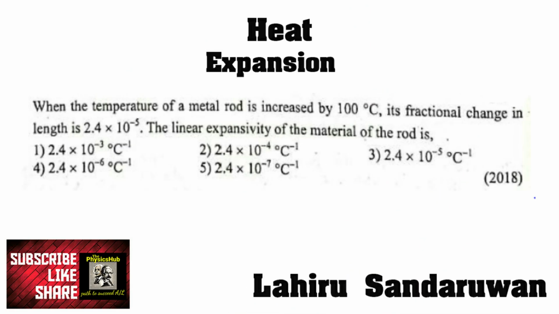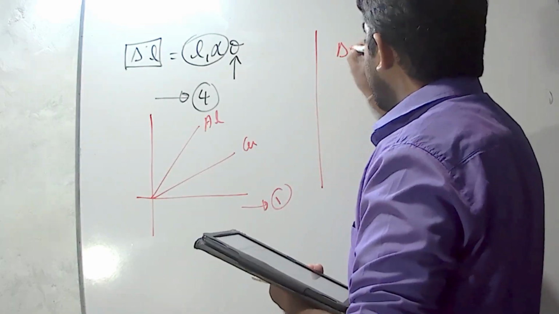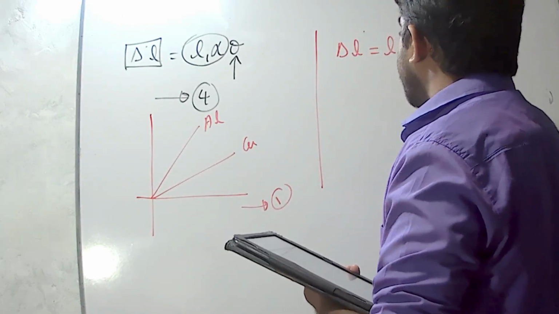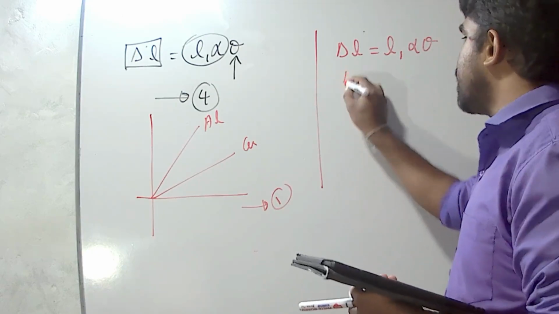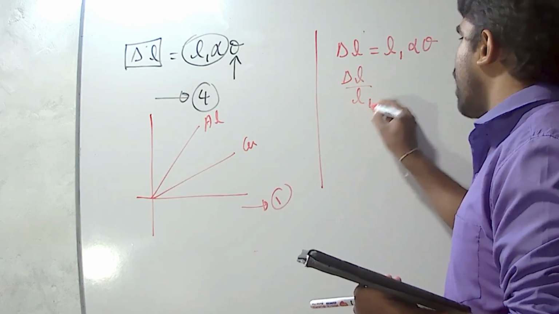When the temperature of a metal rod is increased by 100 degrees Celsius, its fractional change in length is 2.4 into 10 to the power minus 5. What is the linear expansivity of the metal rod? I will write the equation, delta L equals L1 alpha theta. Fractional increase means delta L over L1.